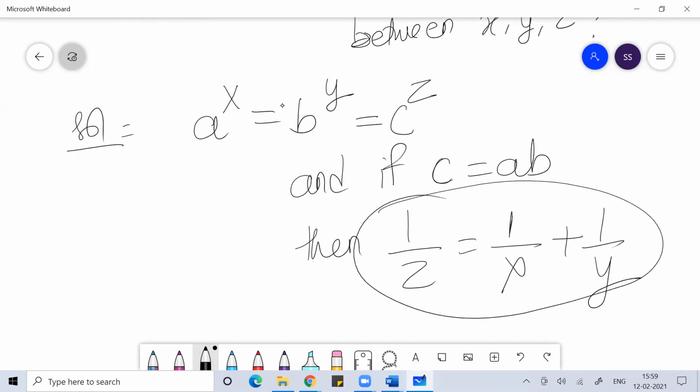This is the theorem which you can remember. Why this? We can explain this also, it is very easy to explain, but for the time being, you can remember this. If a to the power x is equal to b to the power y equal to c to the power z, and if c is equal to a into b, then 1 by z is equal to 1 by x plus 1 by y.